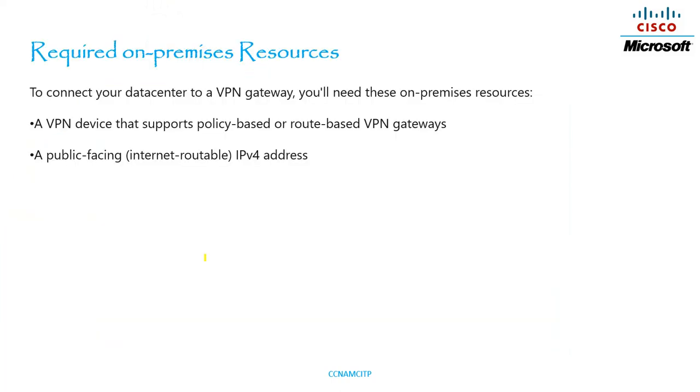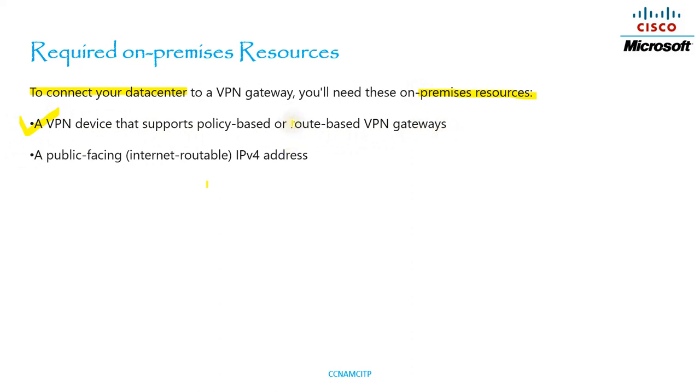Now let's see the required on-premises resources. What all do we need at the on-premises site? To connect your data center to a VPN gateway, you will need these on-premises resources. The very first one is a VPN device that supports policy-based or route-based VPN gateways.